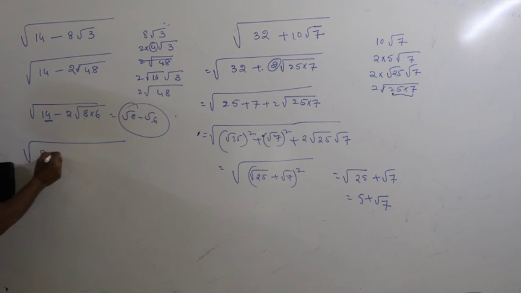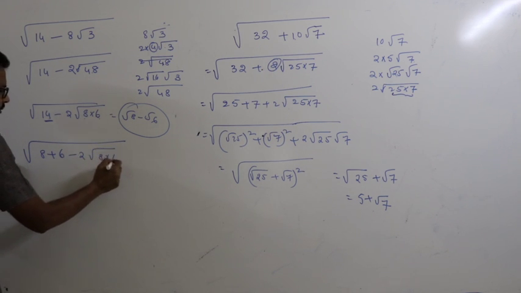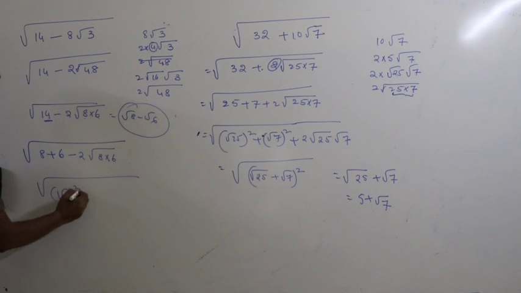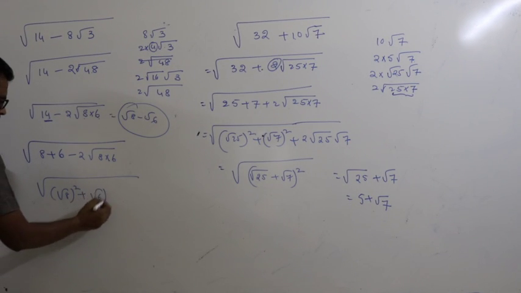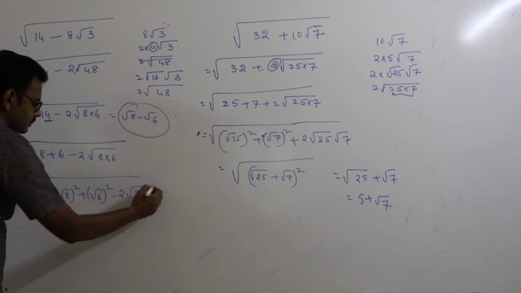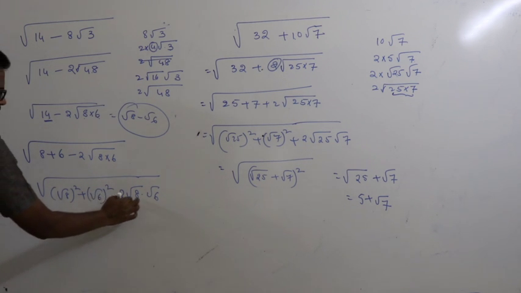Or if we have a doubt how to write, this is root of 14 written as 8 plus 6 minus 2 root 8 into 6. That is equal to square root of root 8 whole square plus root 6 whole square minus 2 into root 8 into root 6. It is in the a square plus b square minus 2ab form.